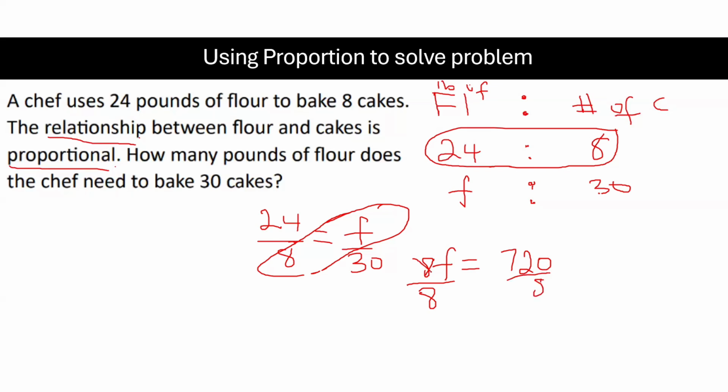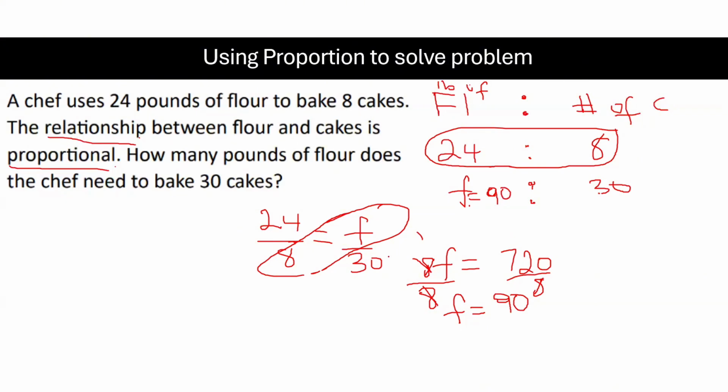If you divide the left-hand side by 8, you do the same thing to the right. On my left, I'm going to have F, and on the right, 720 divided by 8 is 90. Bear in mind that F represents the pounds of flour needed to bake the 30 cakes. So to bake 30 cakes, the chef needs 90 pounds of flour.